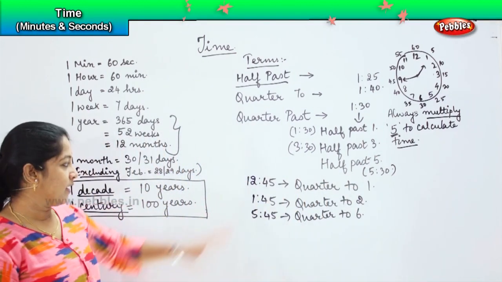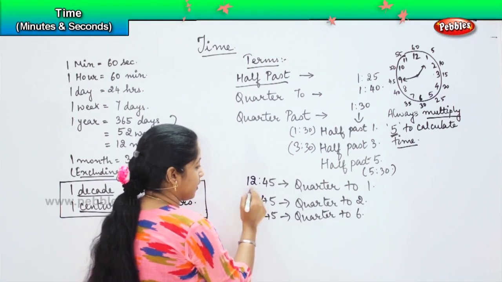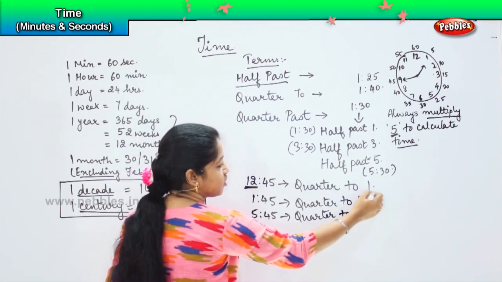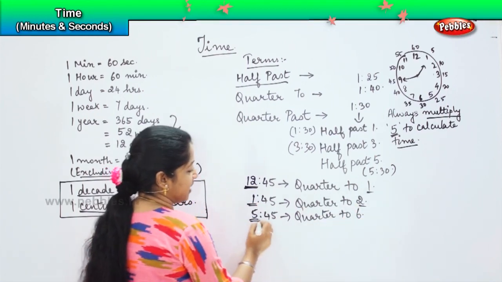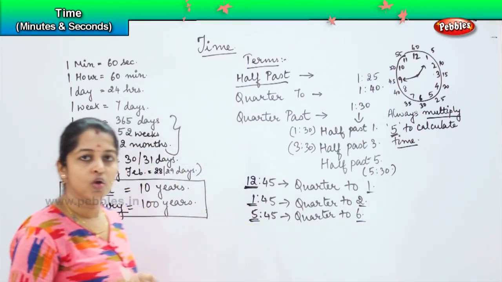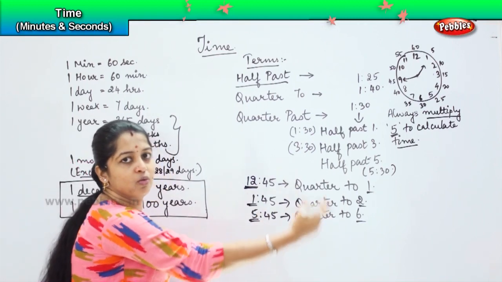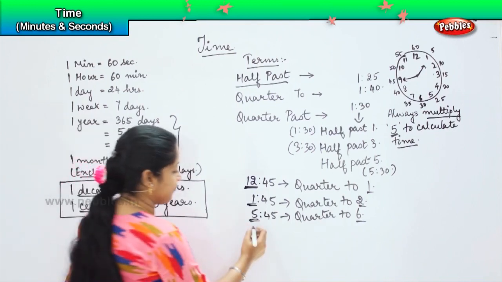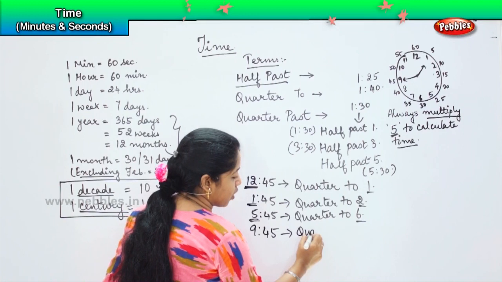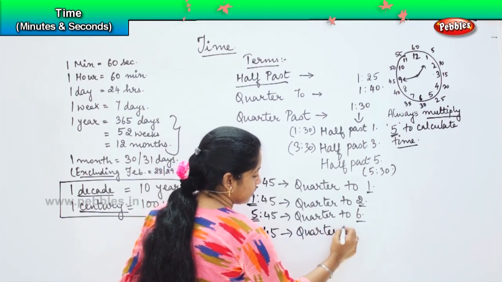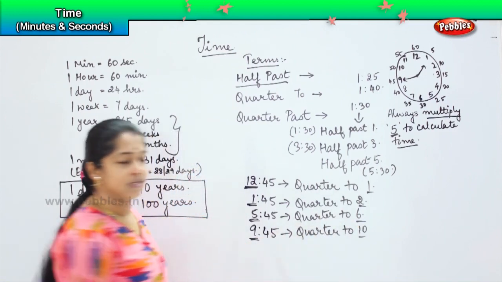So keep in mind, whenever you get this number, this will change to the very next figure. Do you notice? This 12 here changed to 1. Here this 1 changed to 2. Here this 5 changed to 6. So whenever you see quarter to, whatever figure is given, it will move to the subsequent next number. Say for example, if I write 9:45, I will write it as quarter to 10. So this 9 will change to 10.